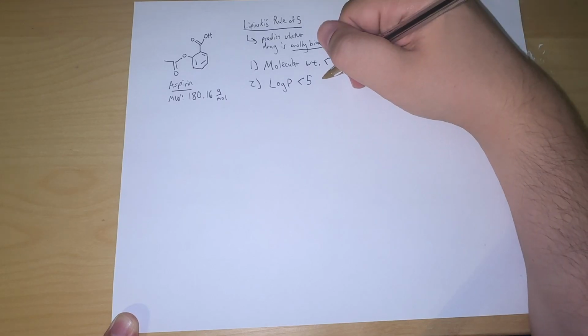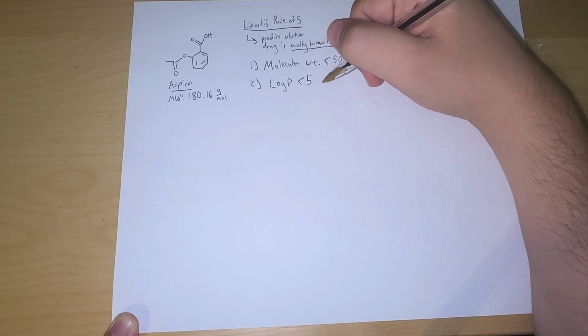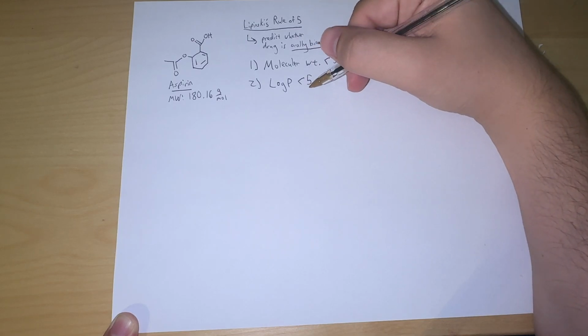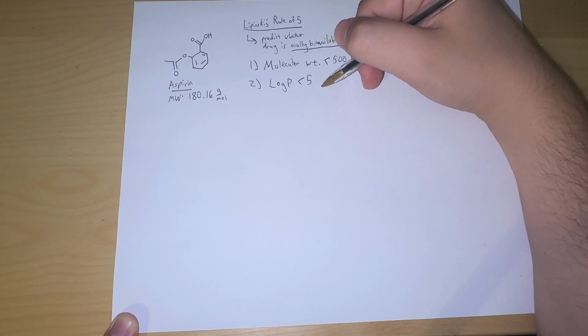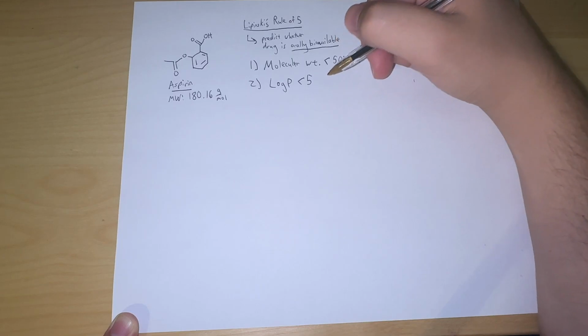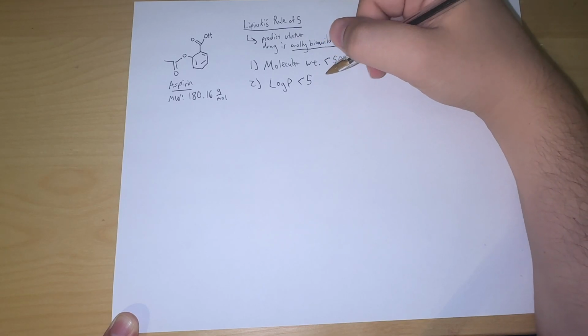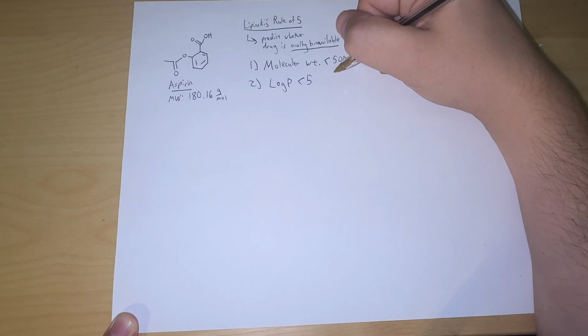A high logP, way above 5, means that the compound prefers being in a lipophilic environment, and a very low or even negative logP means that the molecule would rather be in water. So in terms of bioavailability, this matters because you need to cross the intestinal epithelial cells, which have a lipid bilayer.